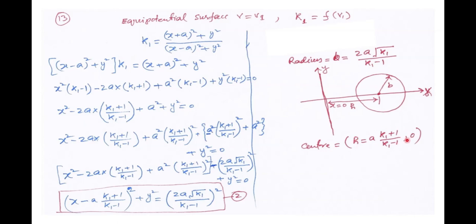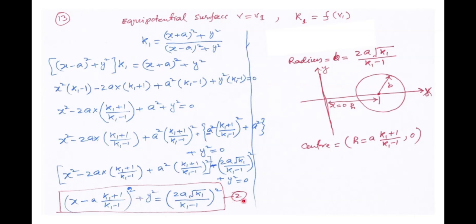This represents the center, and also the distance of the cylindrical surface axis from the plane at x equal to 0. So from this relation we obtain the equation of the circle.